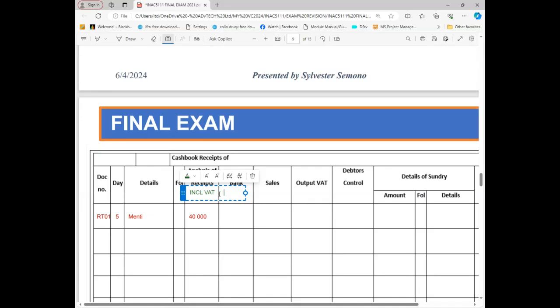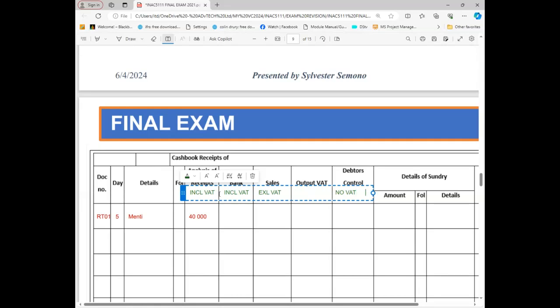You don't have to do it. I'm just saying for me it makes sense when I do this. And then exclude VAT. That's how I do it. Here, no VAT at all because we don't calculate VAT because VAT has been calculated already.